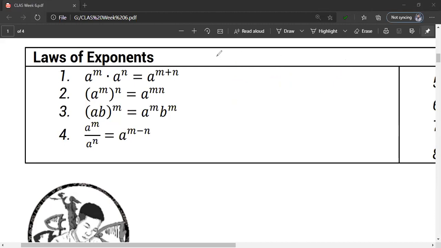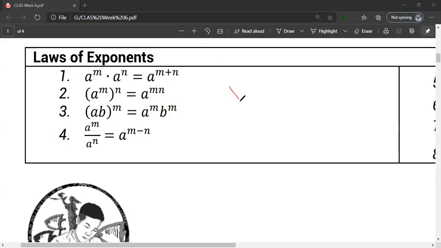Okay. Number 2. If we have a raised to m times n, therefore we have a raised to m n or m times n. Okay? So, kapag nag-multiply tayo or nire-raise kapag ang isang number ay may exponent and we are going to raise that with another number, therefore, ang gagawin natin sa mga exponent is ipag-multiply.